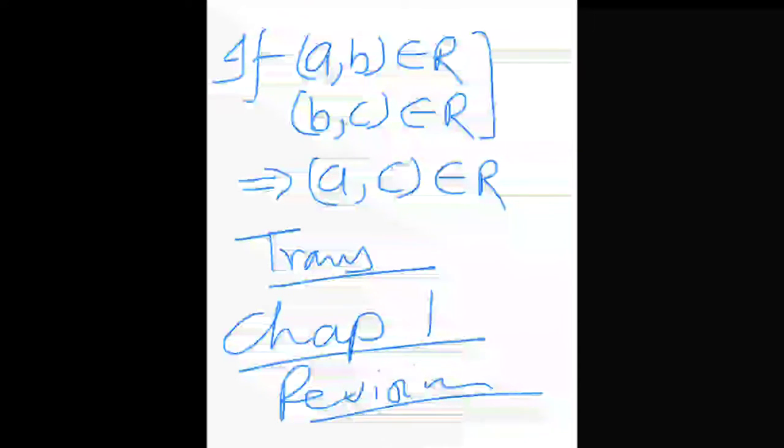Then next thing is 1-1 and onto relation. For 1-1 relation, each pre-image must have only and only one image. 1 to A, 2 to B, 3 to C, 4 to D. If it is like this, then it is 1-1 relation.